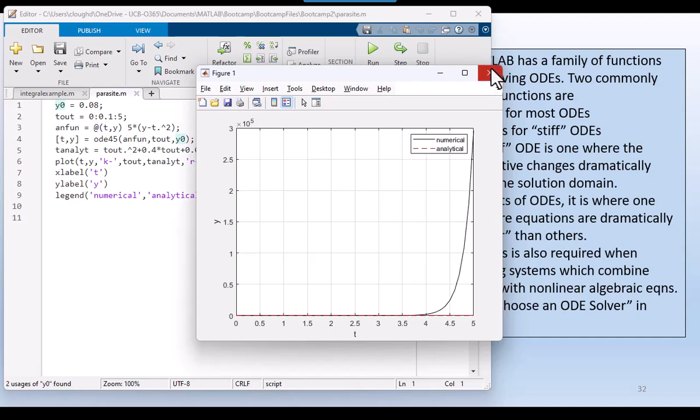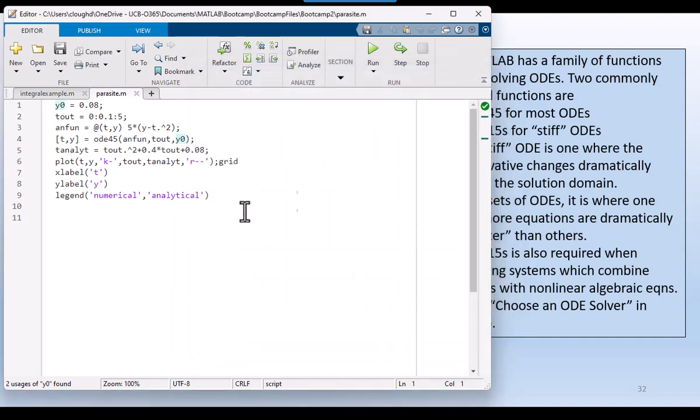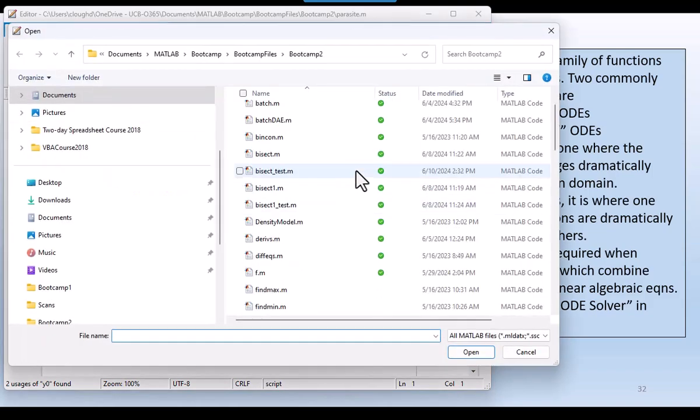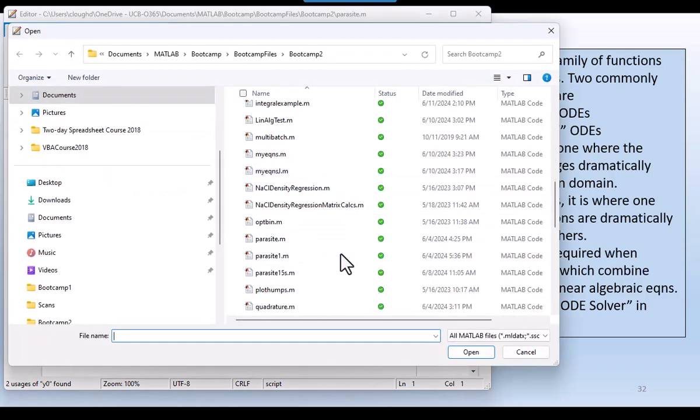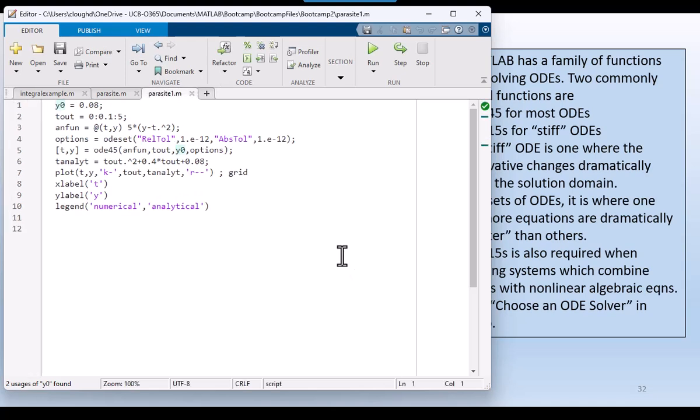So what we're going to do is make a change in how we call ODE45. And so let's look at that by opening up a function called parasite1. And the change that we have done here is that we have set a couple of parameters to require ODE45 to meet much more stringent error criteria as it goes through the solution. In fact, very stringent.